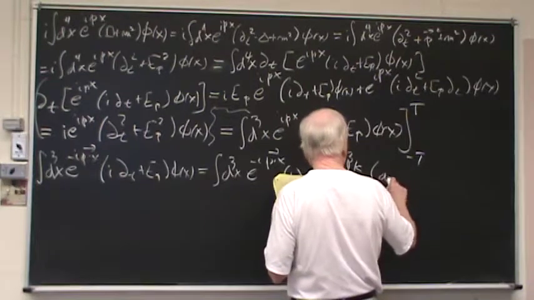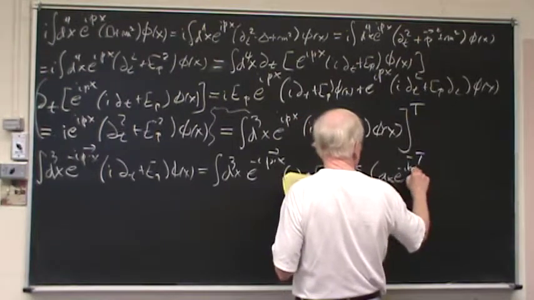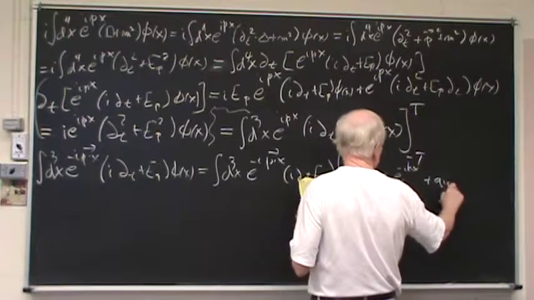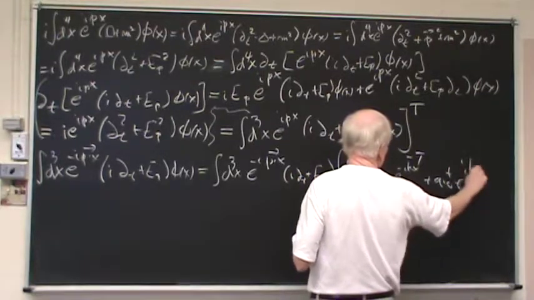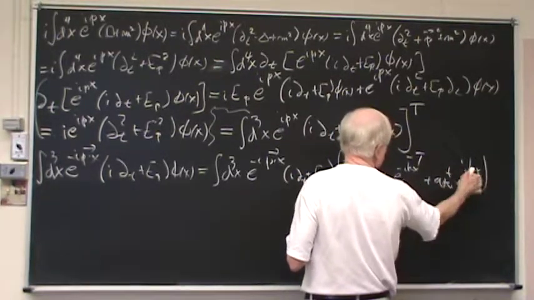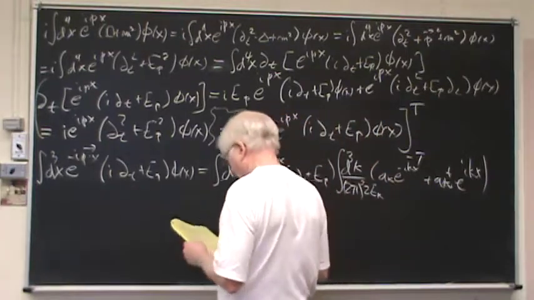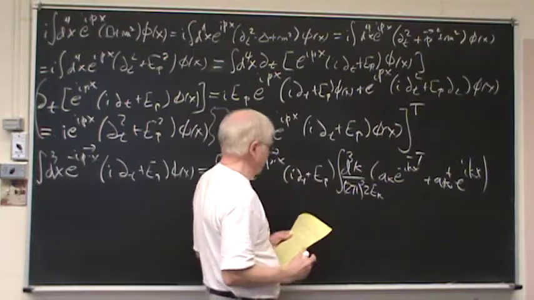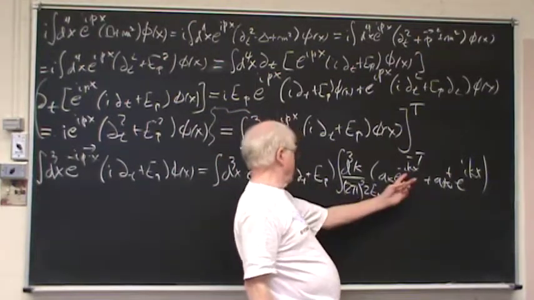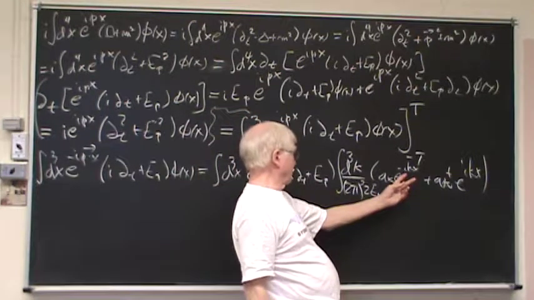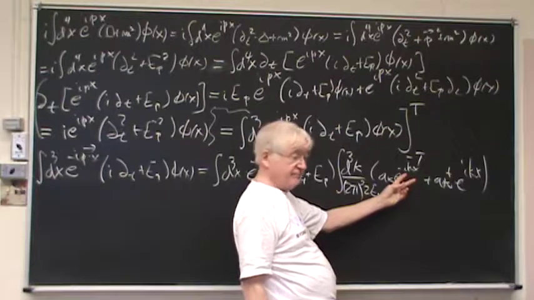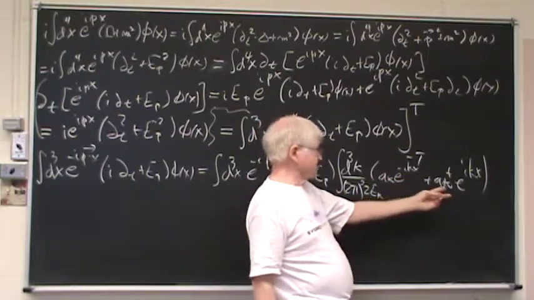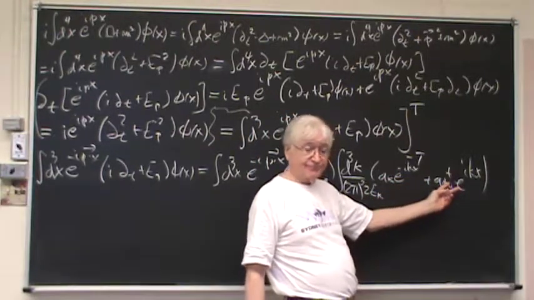Now we're going to have ak e to the minus I kx plus ak dagger e to the I kx. These are the Lorentz inner products. Okay. Well, what happens is that this I d by dt pulls down ek here, and it pulls down minus ek there.